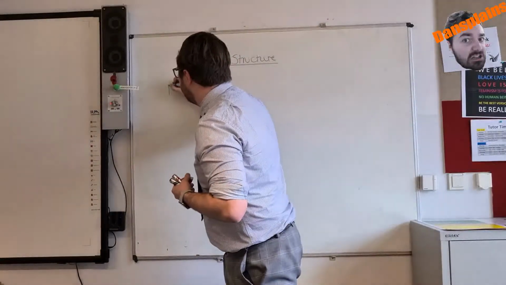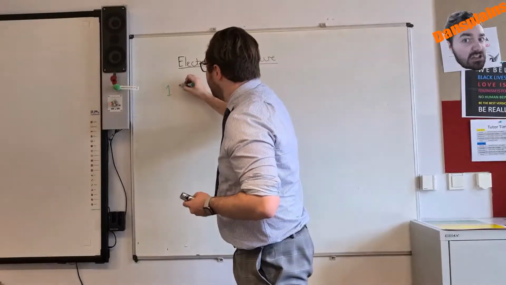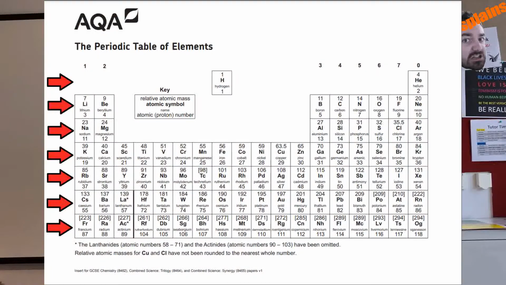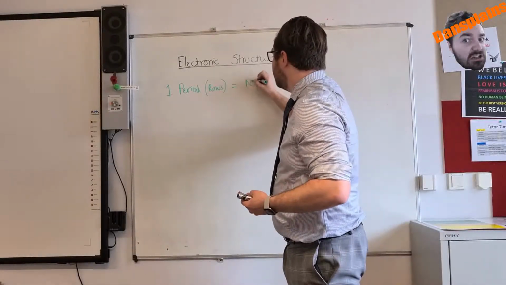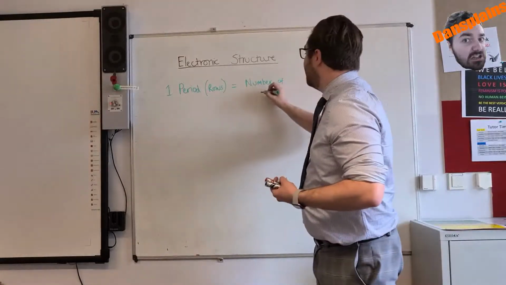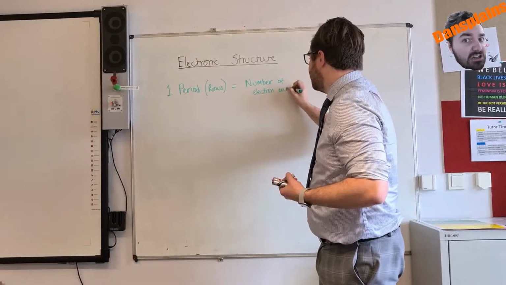So, the first rule. The period number, or the number of rows, gives us our number of electron energy levels.